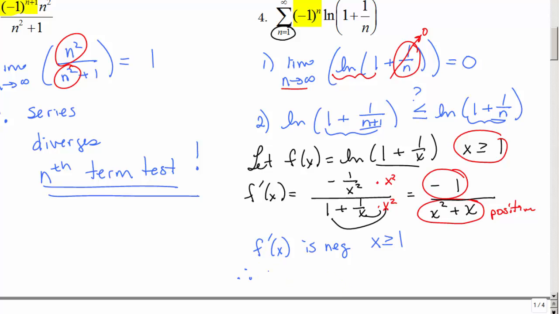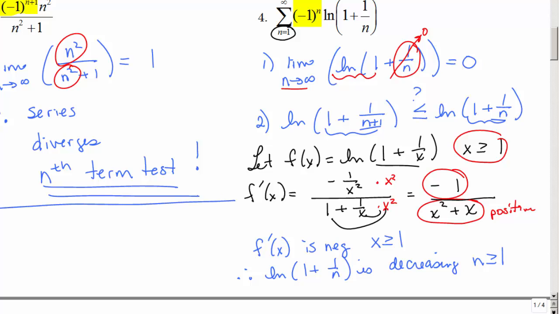Therefore, the natural log of 1 plus 1 over n is always decreasing as n is greater than or equal to 1. And so I can conclude that the series does indeed converge by the alternating series test.